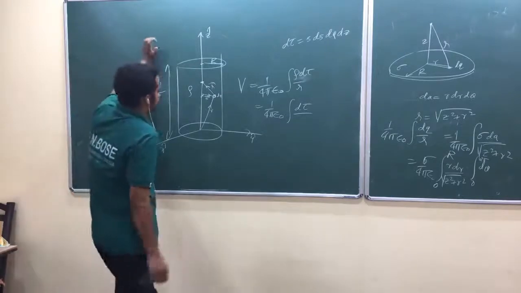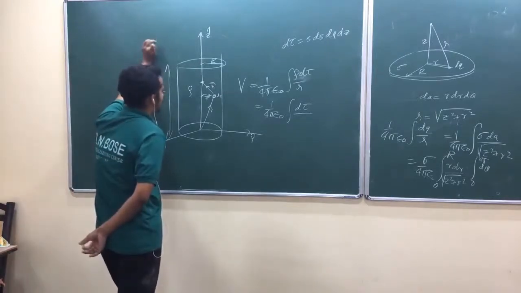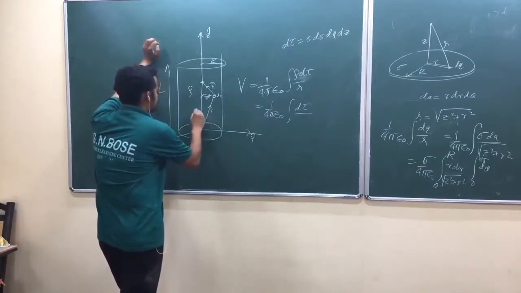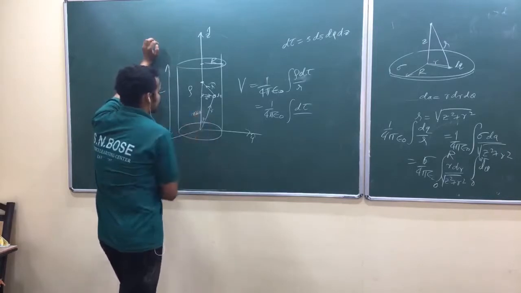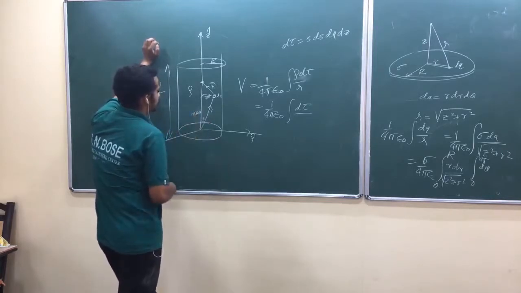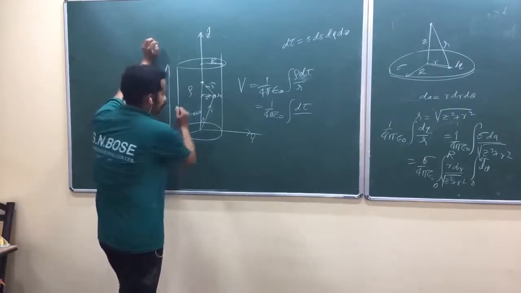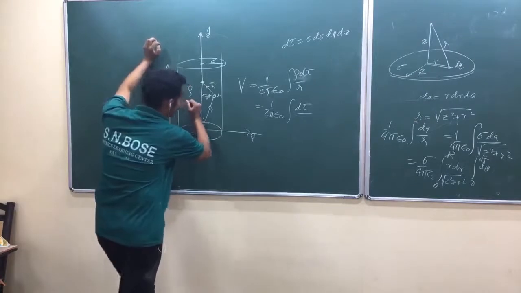Wait a second. This is R cos theta. No, we should not take spherical polar coordinates.